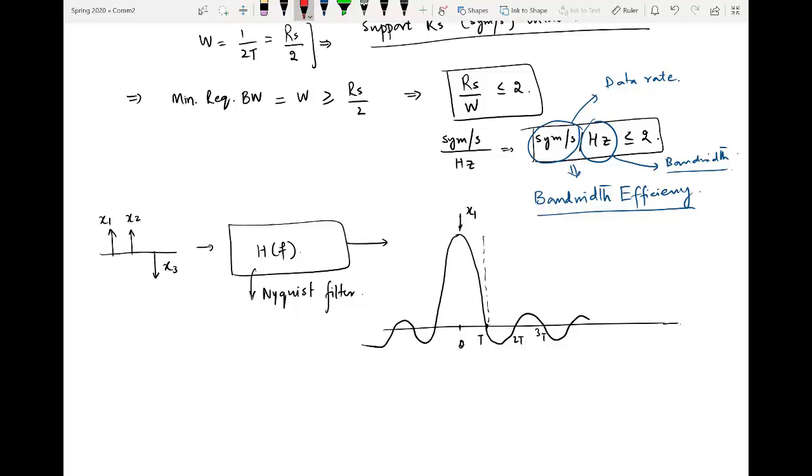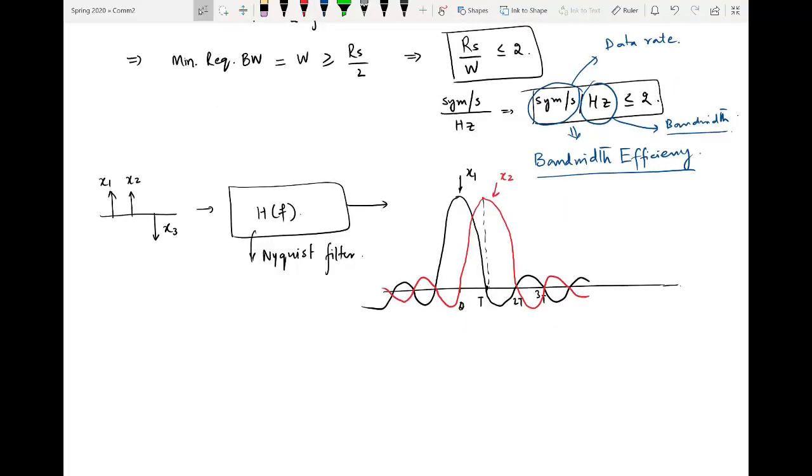The peak of the second sinc will be at capital T, and it will have zero crossings at 2T, 3T, and so on. Similarly on the other side, and it will also have positive amplitude because x2 was positive.